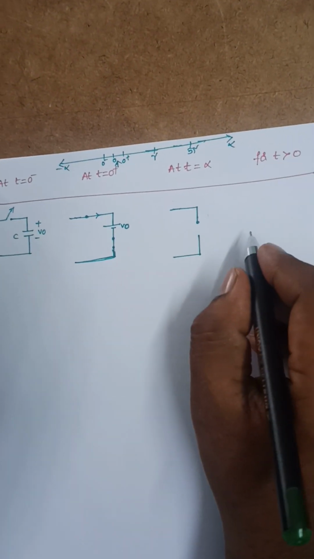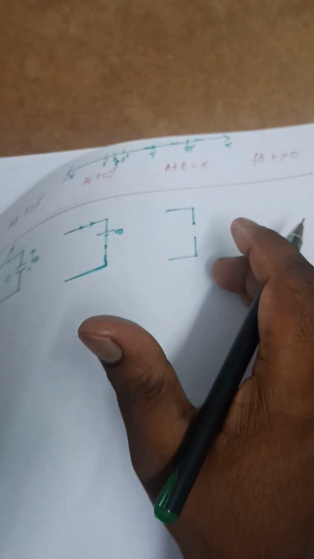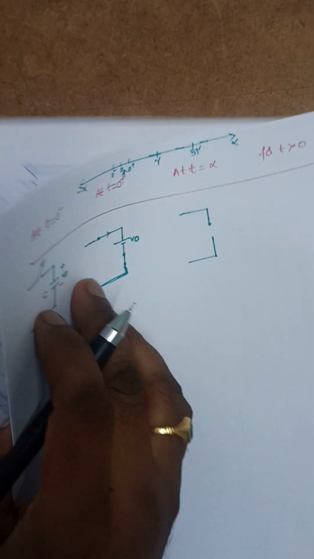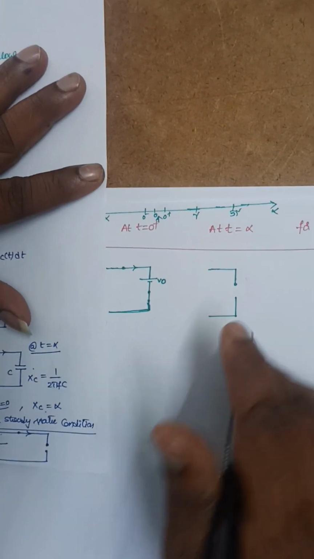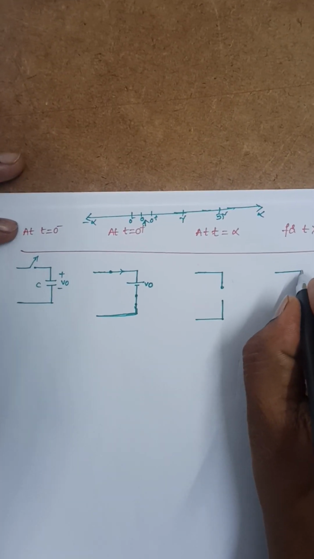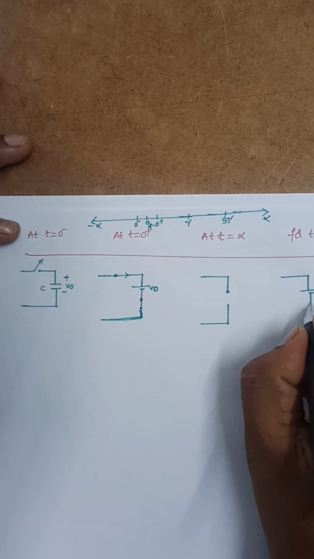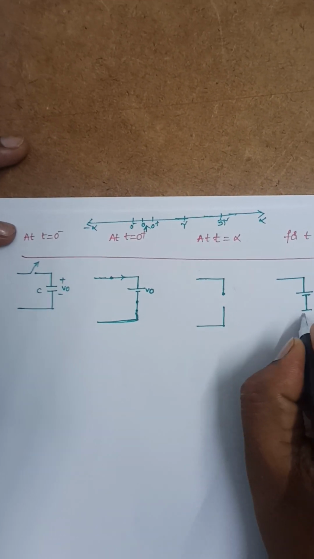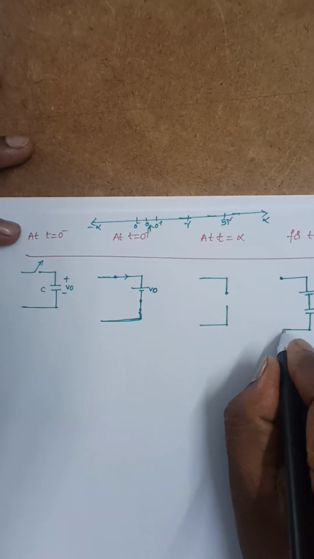And for t greater than 0, we already proved that this is the case for t greater than 0. This is the voltage. So this capacitance I can write as, this is the voltage, and here it is the capacitance for t greater than 0.